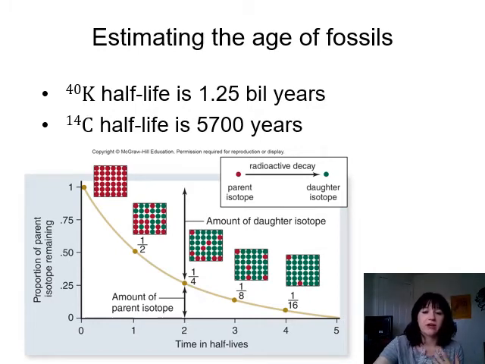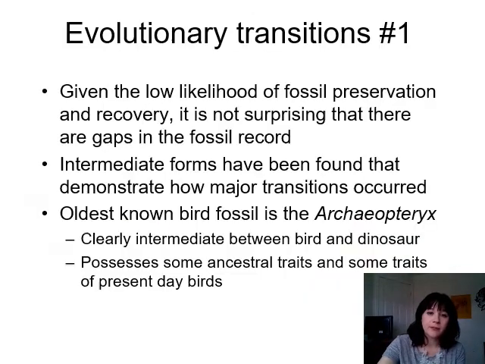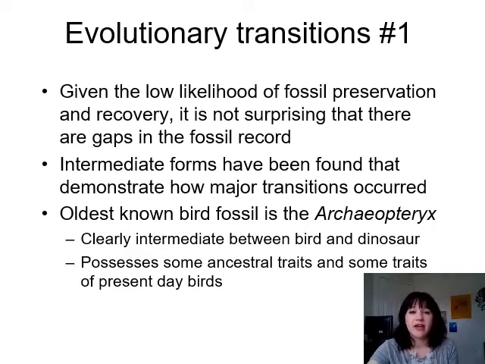So they look to see what proportion of isotopes in this fossil is carbon 14 versus carbon 13, and then they can get an estimate on the age of that fossil. So scientists now have a method for aging fossils. All right, they can kind of predict a time range in which that organism lived.